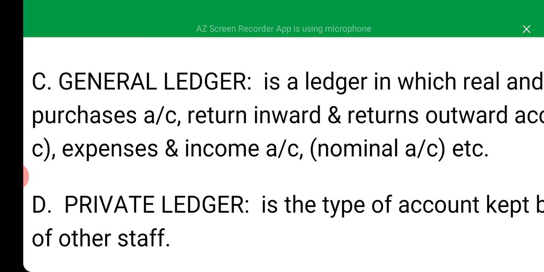We call it the general ledger because all the information can be found there: information regarding sales, purchases, return inward or return outward, as well as expenses, income and assets.